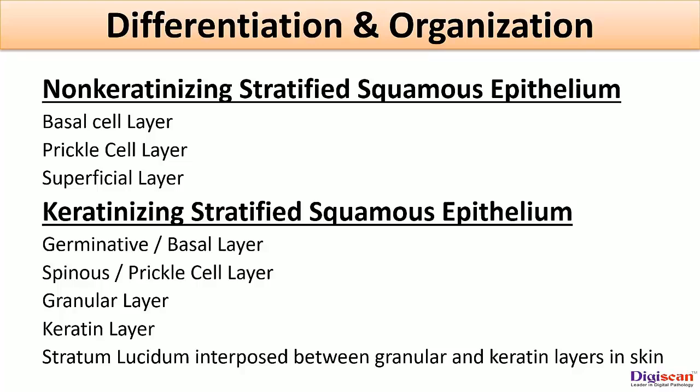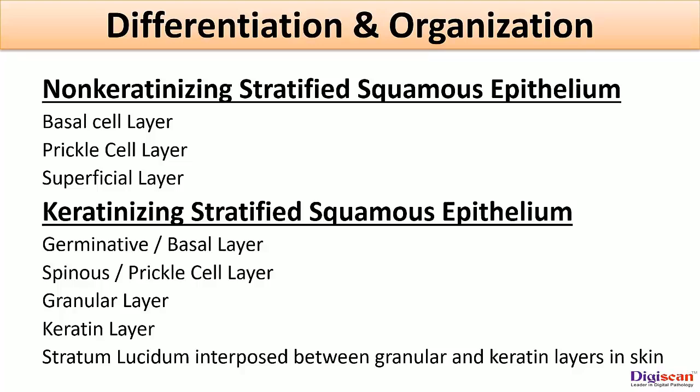Before we go into the terminology, let us know that the epithelia in the body are of two types: non-keratinizing stratified squamous epithelium, which consists of basically three layers: basal cell layer, prickle cell layer, and superficial layer. The second type of epithelium found lining the mucosa or skin is keratinizing stratified squamous epithelium.